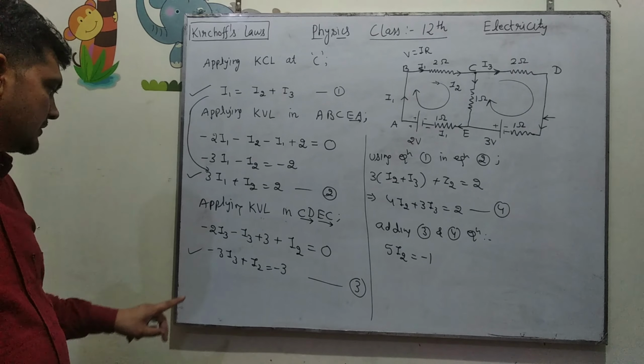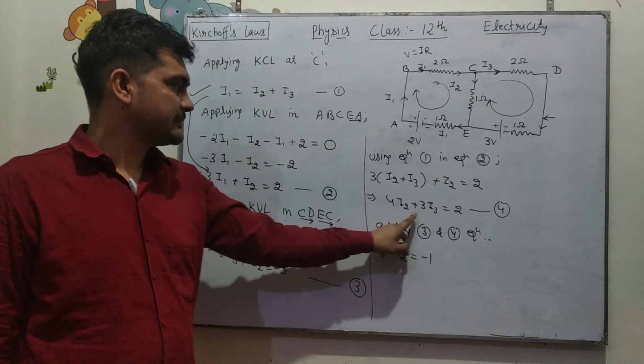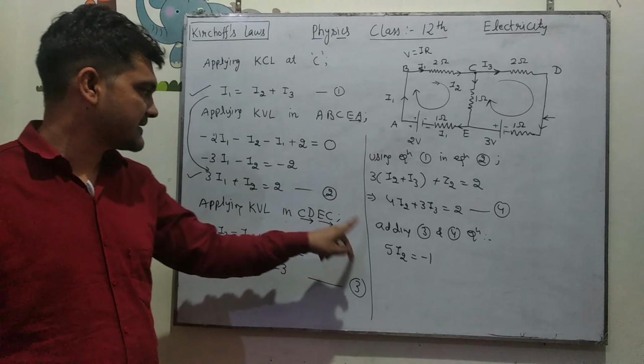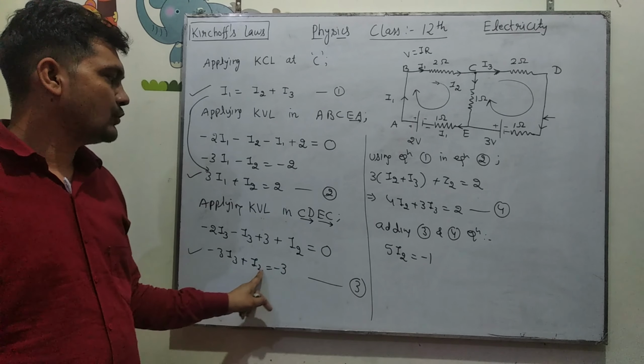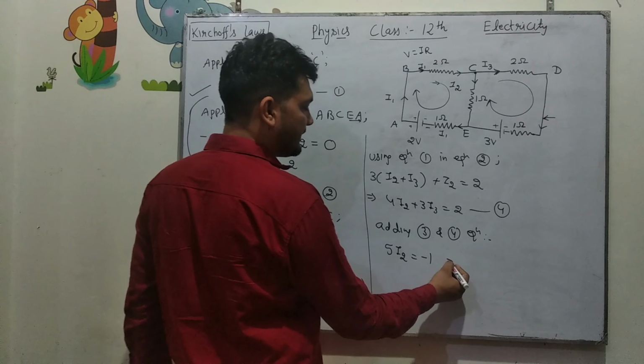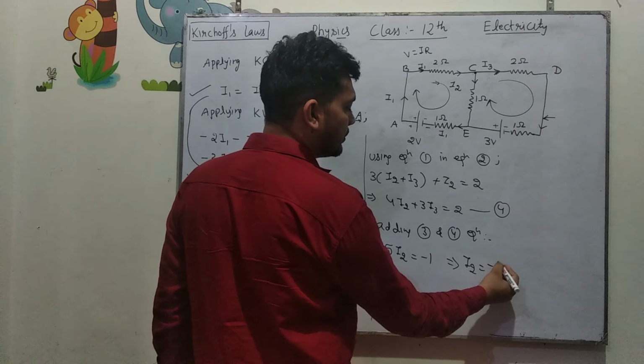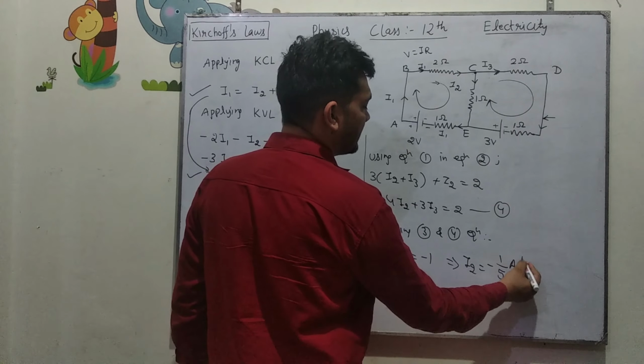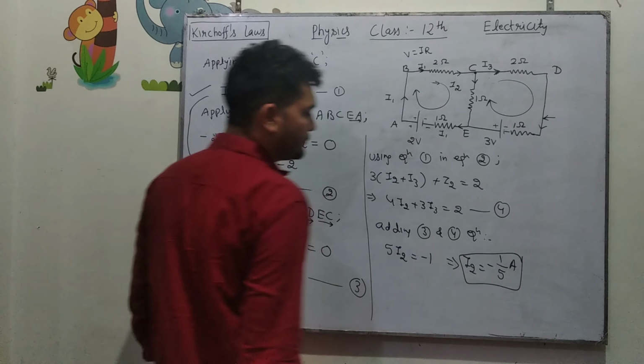This is minus 3I3, this is plus 3I3, so on adding these cancel. On simplification you get I2 is equal to minus 1 upon 5 ampere. So this is the value of I2.